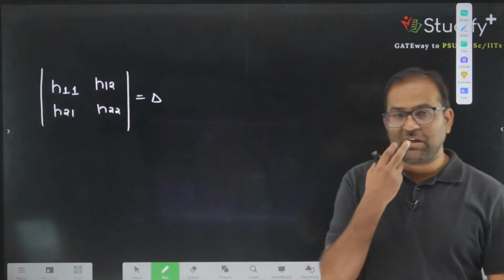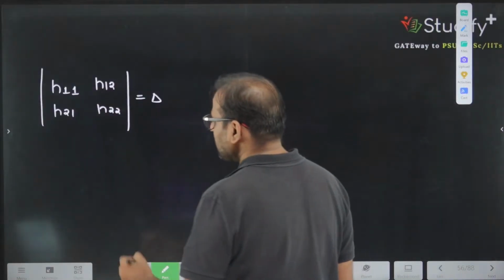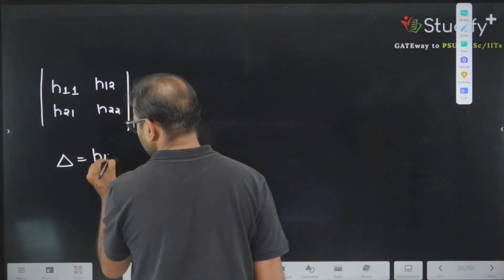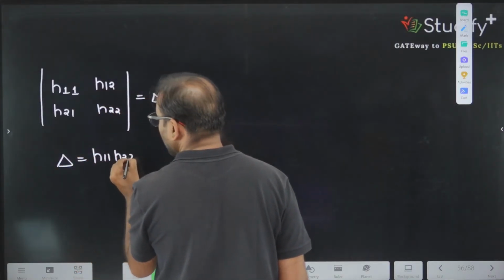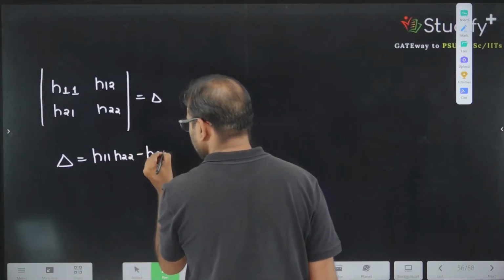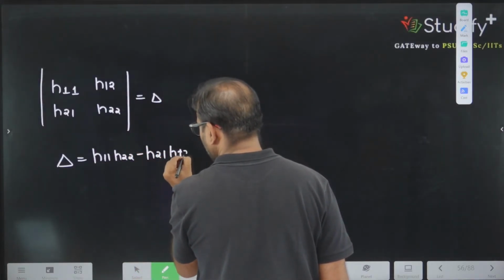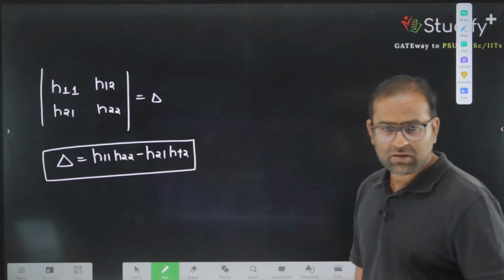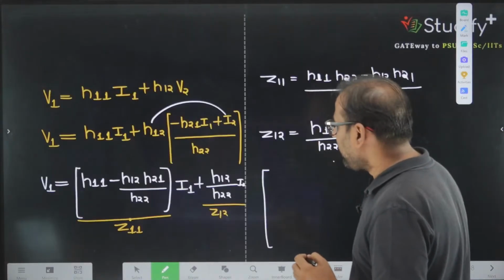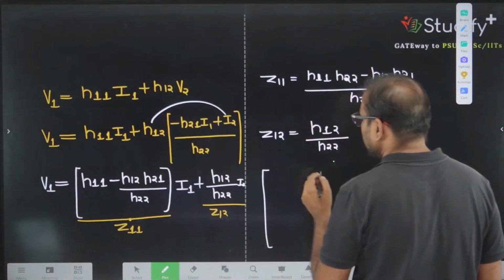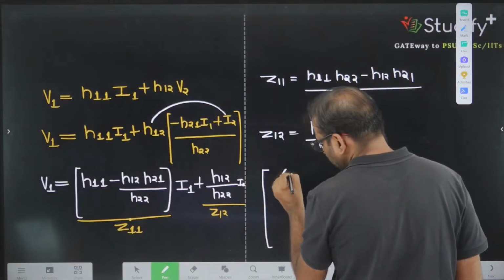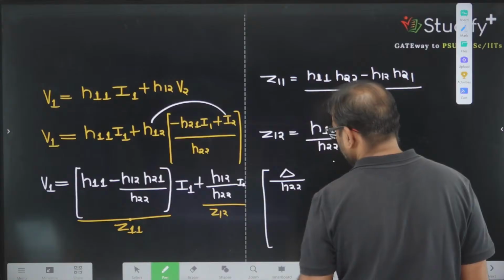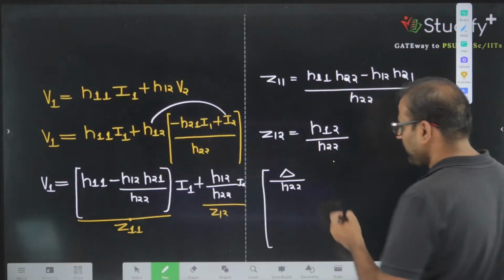When I find the determinant of this matrix, can I say the value of del is H11 H22 minus H21 into H12. Correct? This is the idea. Now I can write this value Z11 is equivalent to del divided by H22.